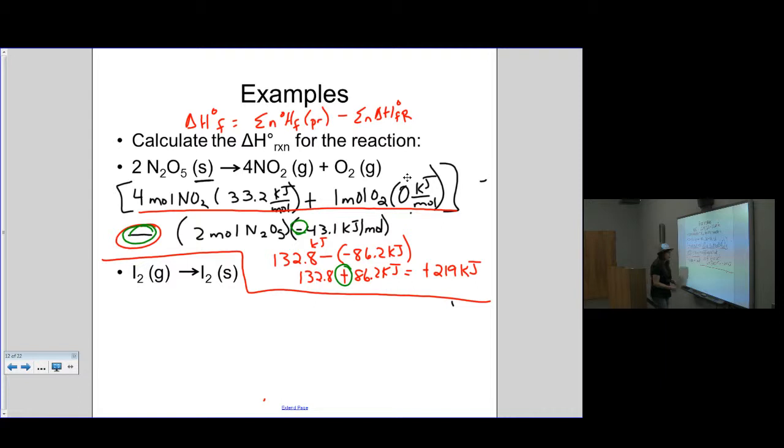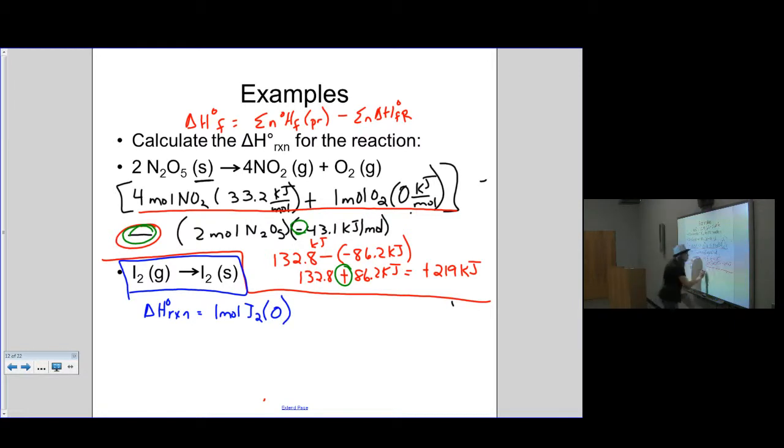Here's an example about iodine. We're going from iodine gas to an iodine solid. And so in this case, when we write up our delta H of reaction, this will be 1 mole of I2 times the delta H of formation for the solid, which in this case is 0. I should talk about that some more in just a second.